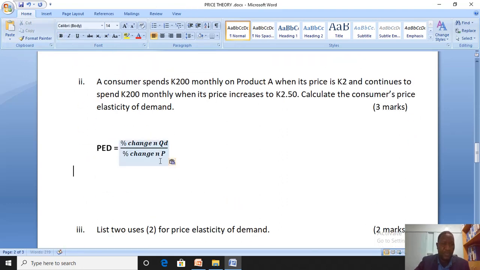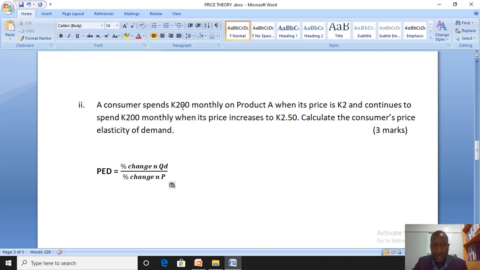And so what we need to do there is to work out the percentage change in quantity demanded. At the price of 2 kwacha, the consumer spends 200 kwacha. So the quantity purchased, which we call our Q1, is going to be 100 units.